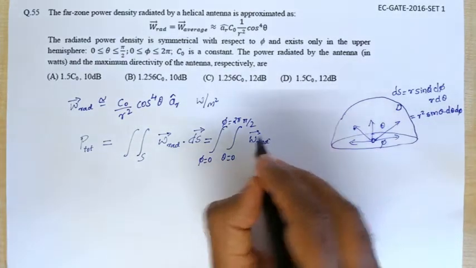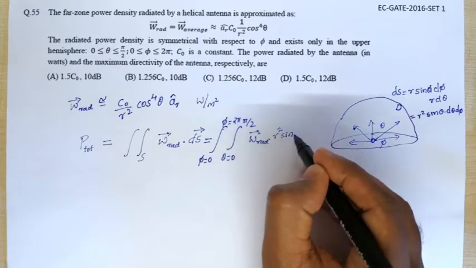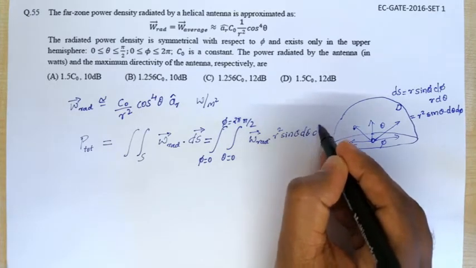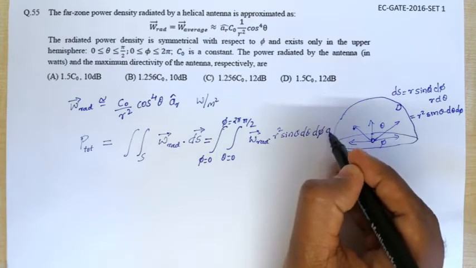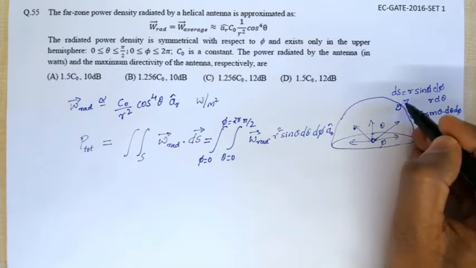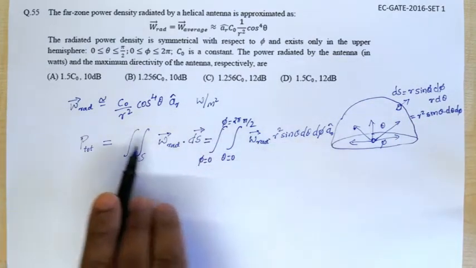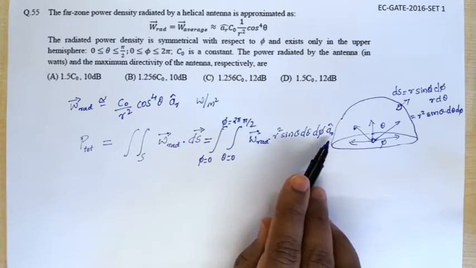So, ds is r square sin theta d theta d phi, and the vector here is ar, since the surface is pointing outwards in the radial direction. This is a dot product between these two, that means ar and ar will come to be 1.